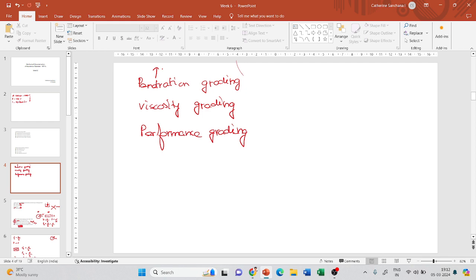What happened after that is they introduced an equipment called the penetrometer, to have some standard way of measuring the consistency of bitumen.